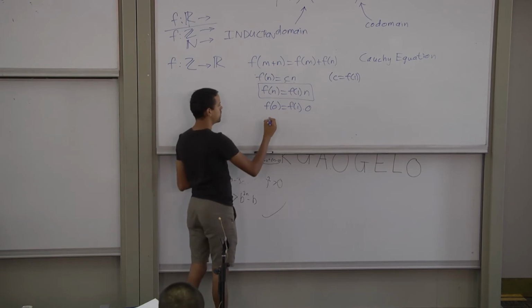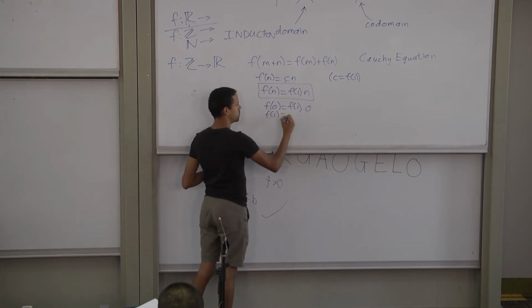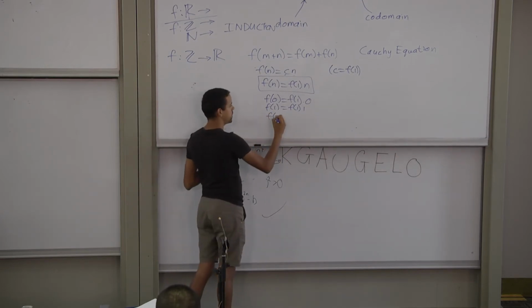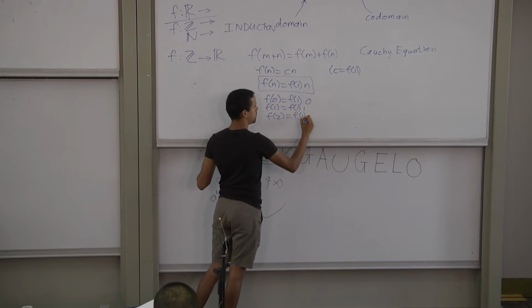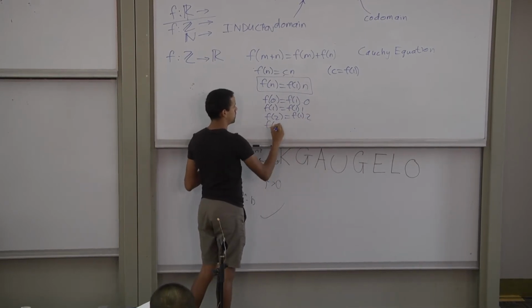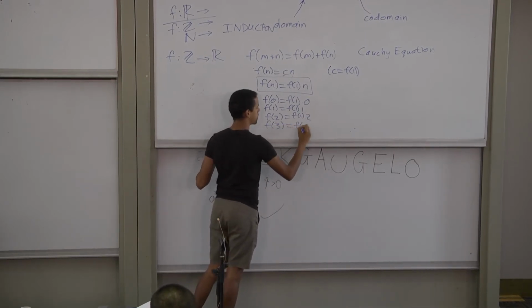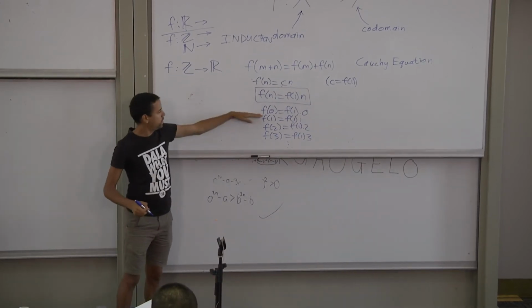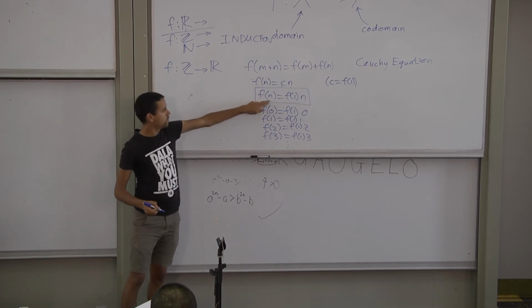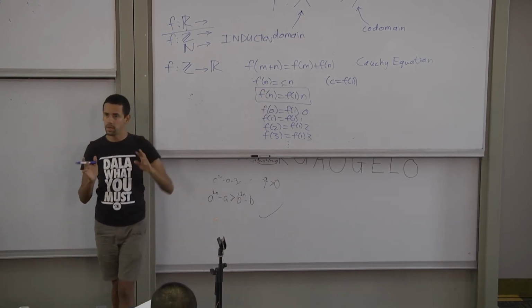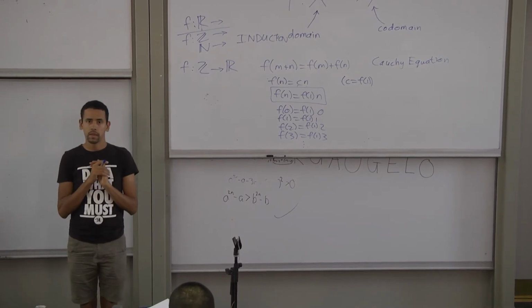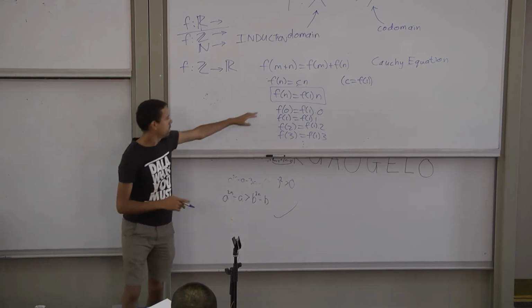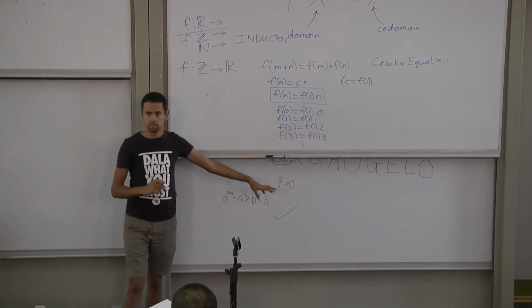If n equals 1, it would be f of 1 equals f of 1 times 1. If n equals 2, it's f of 2 equals f of 1 times 2, and so on. So you actually have infinitely many statements depending on some natural number or integer parameter. And induction is a method or a strategy of proving these infinitely many statements.